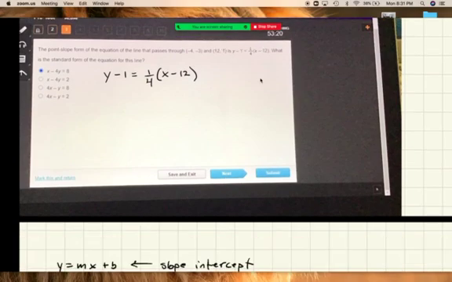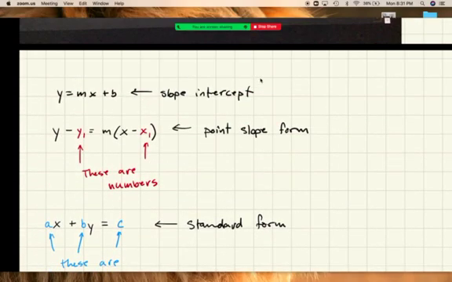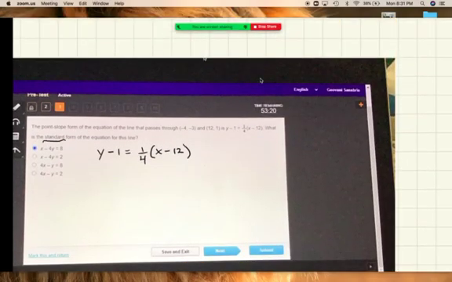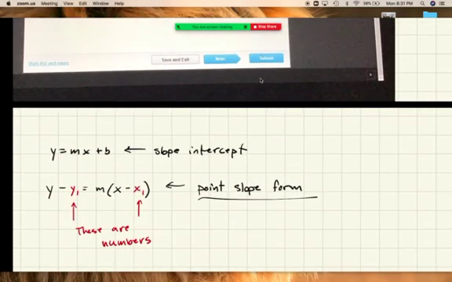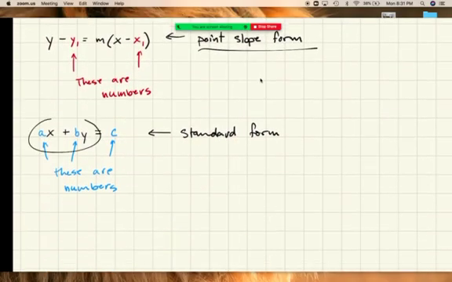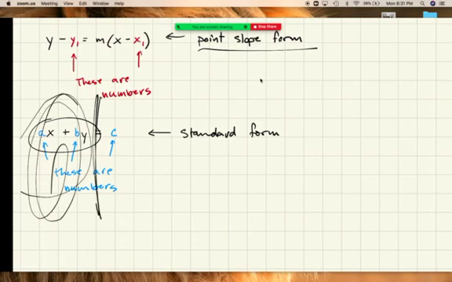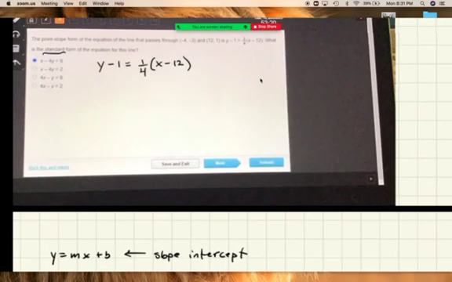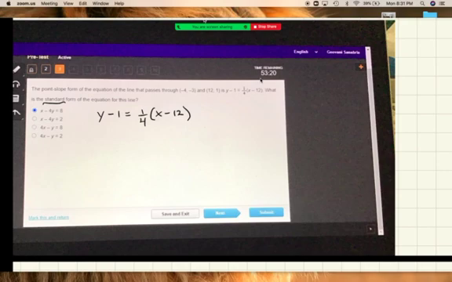So already we have point slope form, but we want standard form. So that means I want my x and y on the left side of my equal sign, and I want just a single number on the other side. So that's what I'm going for right now. Okay. So x and y on the left side, and then a single number on the other.